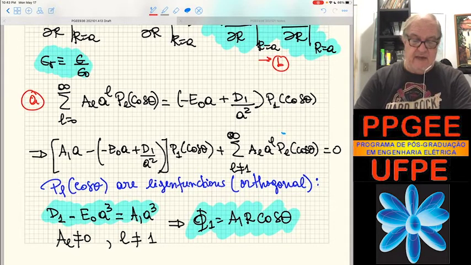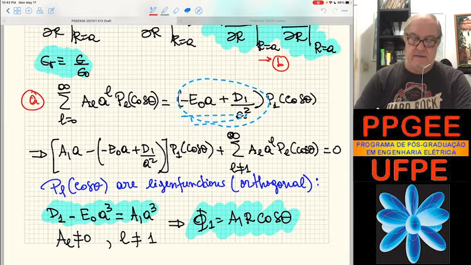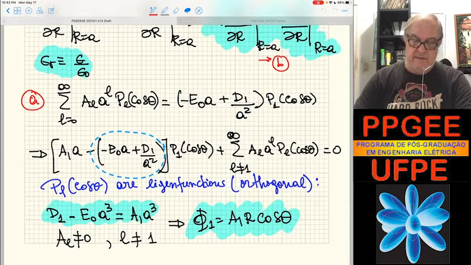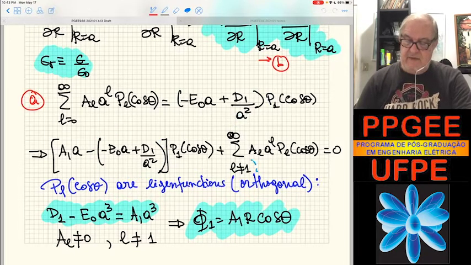We're going to have A1 A, and in this term here I can put together, and for L different than 1, we have all these terms here.